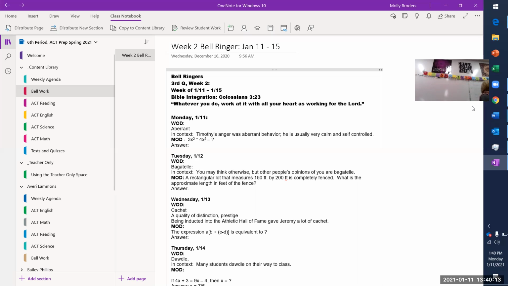So if you will turn over in your 3-ring binder now to your reading section, we're going to have a running list of reading strategies. In your bell ringer section, you're going to have a running list of all ACT.